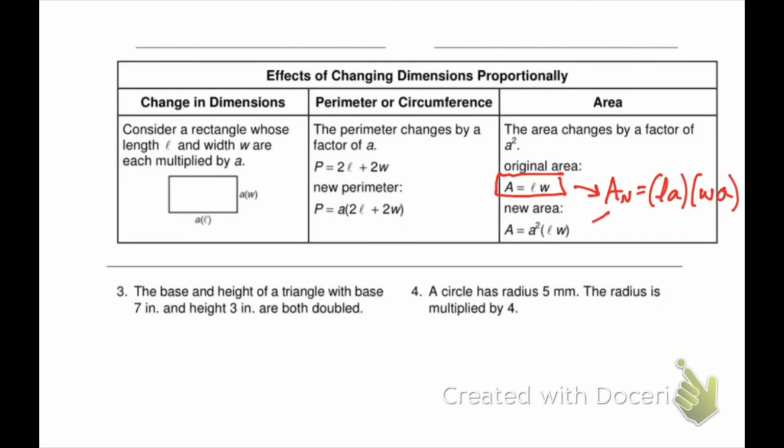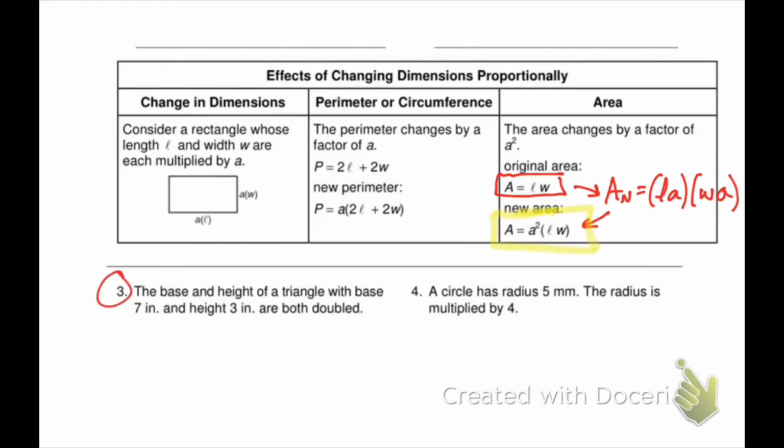Well, this one it would give me L times W times A times A. Well, A times A is A squared, so this would be my new area. So that's just without any numbers. Again, you can kind of plug things in, just use algebra to solve for the new dimensions, the effects of the changing dimensions. Let's do 2 more examples.